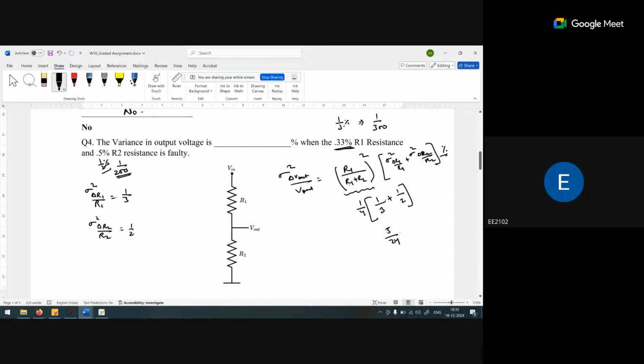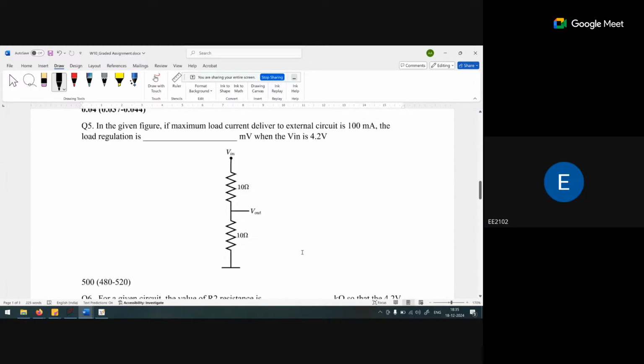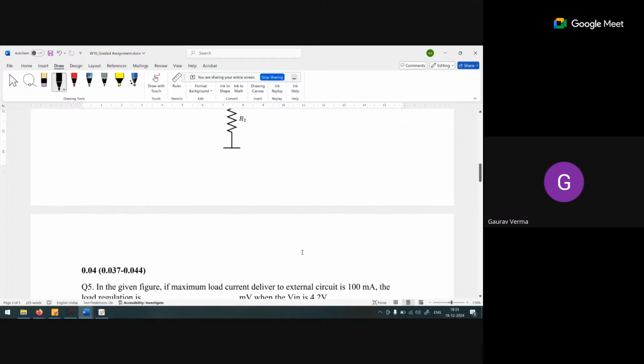Okay. If the maximum load current delivered to the external circuit is 100 milliampere, the load regulation is... So for the last question, the answer is between 0.1 to 0.3.